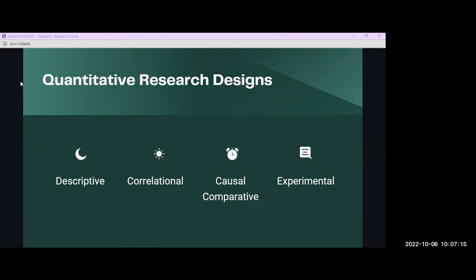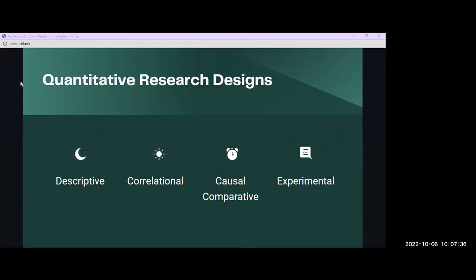So pwede niya makuha yung mga technology coming from the other section. That is a threat to validity. It will cause contamination. And most likely, pag nakuha nila yung technology or information, it will invalidate the results of your study.